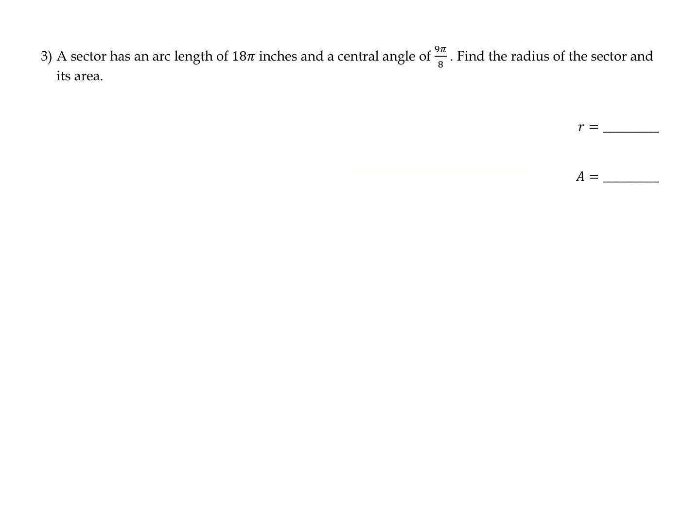Okay, so this tells me a sector has an arc length of 18 pi inches and a central angle, that would be theta. Find the radius of the sector and its area. It's giving me radians, so I'm going to use length equals theta r, and the length is 18 pi, my theta is 9 pi over 8, and I'm looking for the radius.